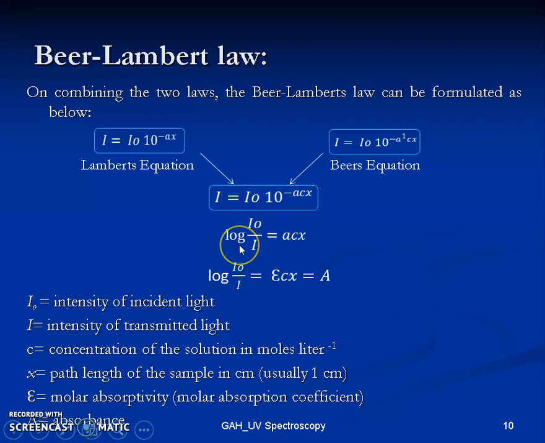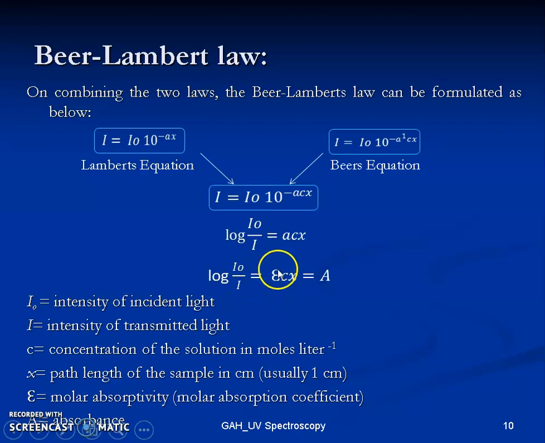So on simplifying this equation, on applying log, log I naught by I is equal to aCx, or log I naught by I is equal to epsilon Cx, which is nothing but A. Okay, so A is nothing but the absorbance. So absorbance is nothing but the log of I naught by I, which is equal to epsilon Cx.